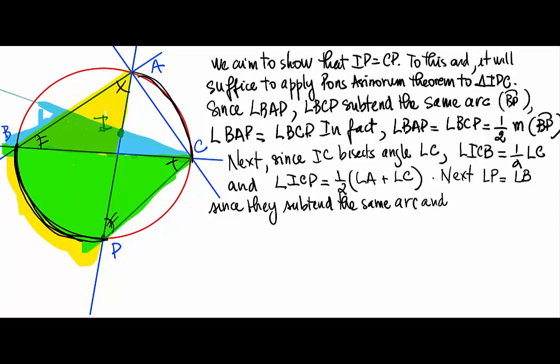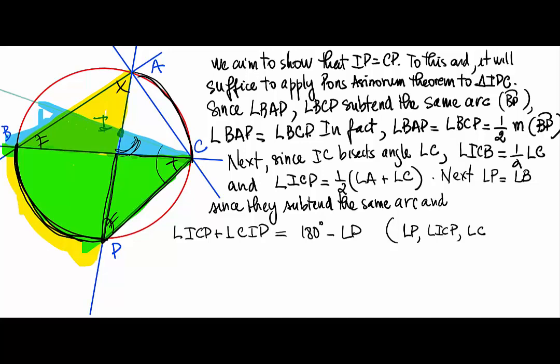And angle ICP plus angle CIP, which is this here plus this, is going to be equal to 180 degrees minus the angle P. This observation comes from looking at the triangle ICP, because angle P, angle ICP and angle CIP are interior angles of the triangle ICP.